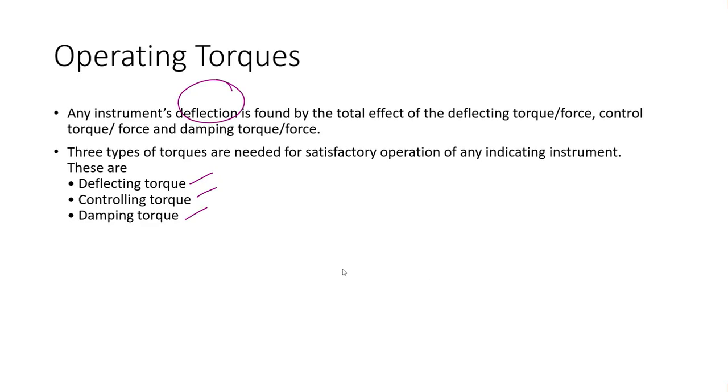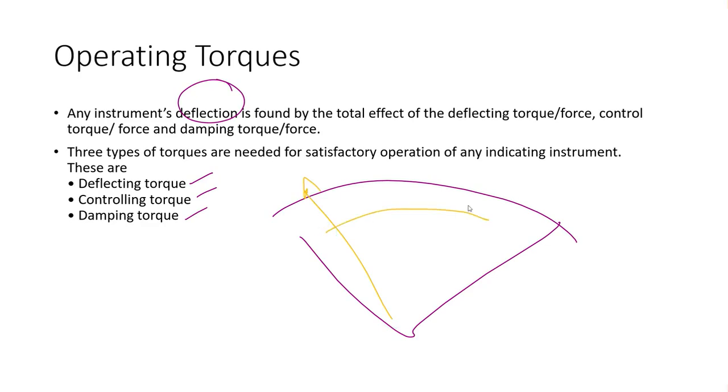So let's say if this is my reading scale and a needle goes from here to here, I need this needle to go from here to here, for which I need a deflecting torque. I must give it some torque to move from this point to this point, and after going toward this point, I would need some controlling torque so that this needle stops at a given value, let's say 0.5 volt and 0 volts.